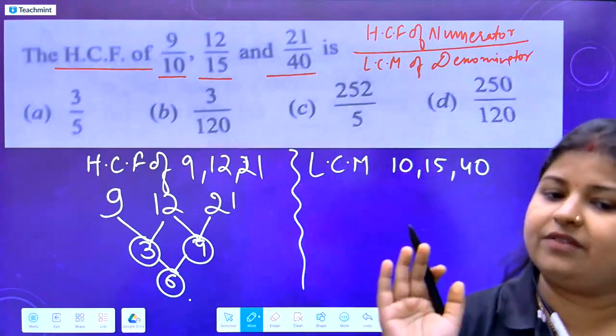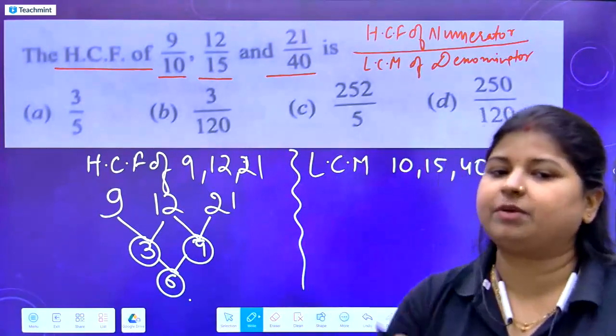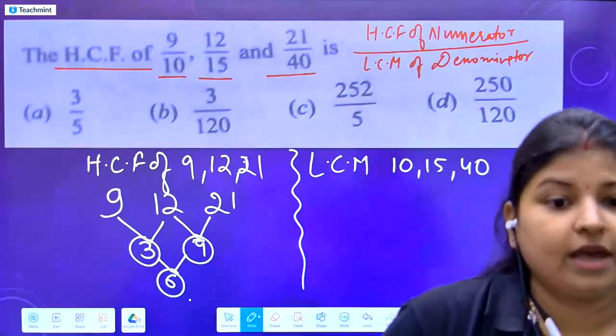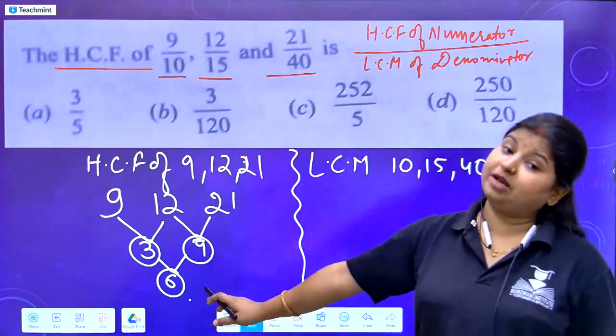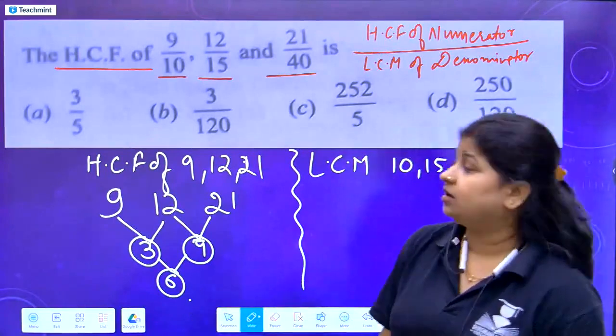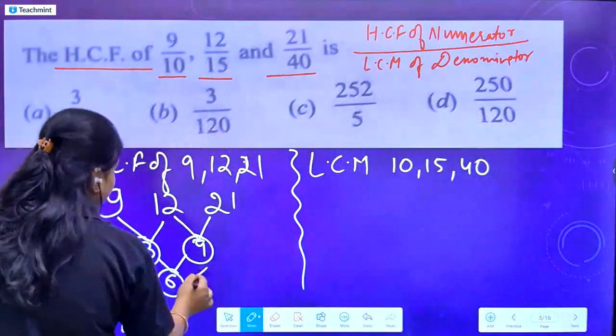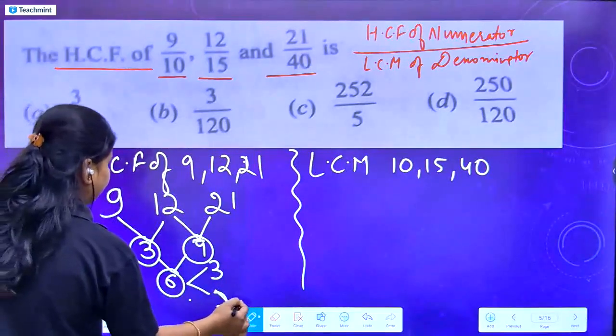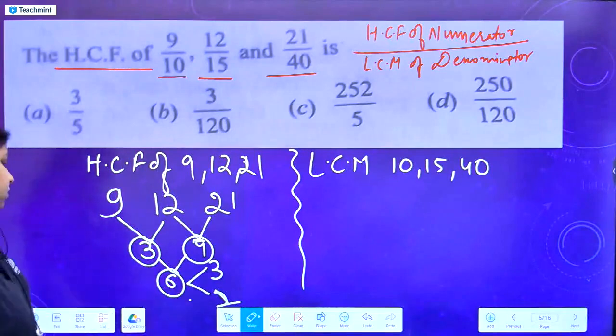Are 9, 12 and 21 all divisible by 6? Tell me yes or no. No, ma'am. That means 6 cannot be my HCF. Now I will break this 6. So this can be done like 3 and 2.